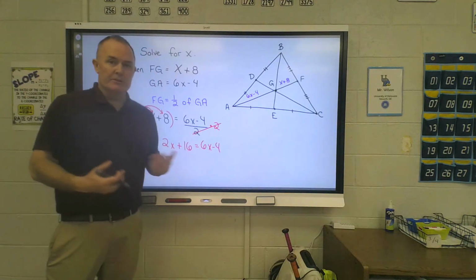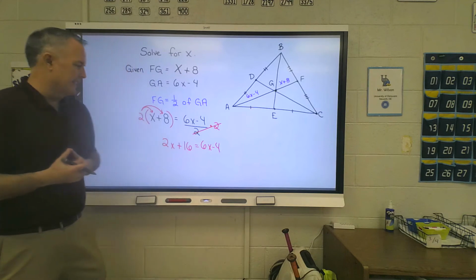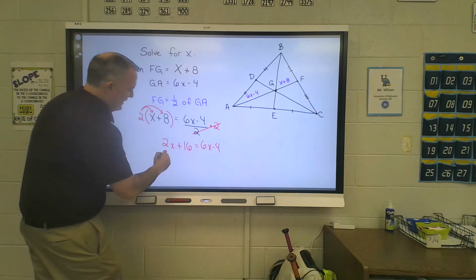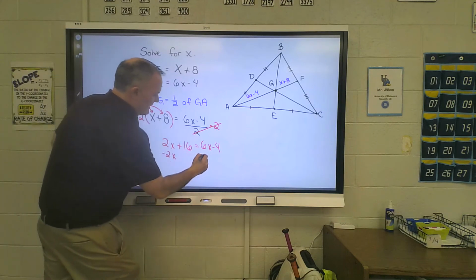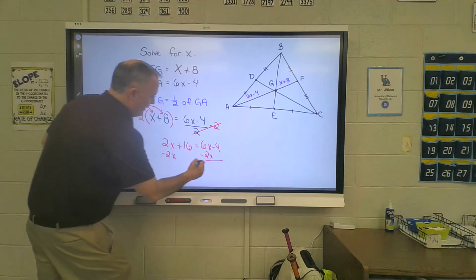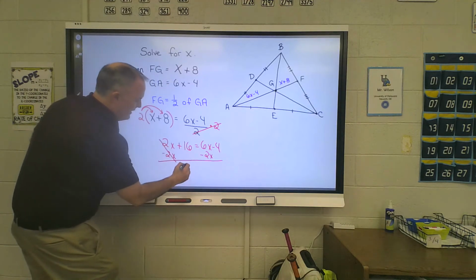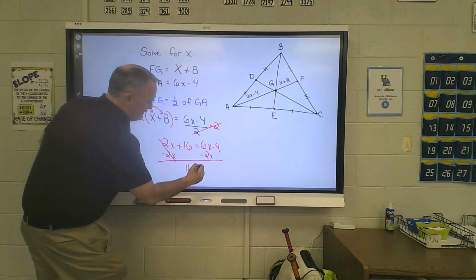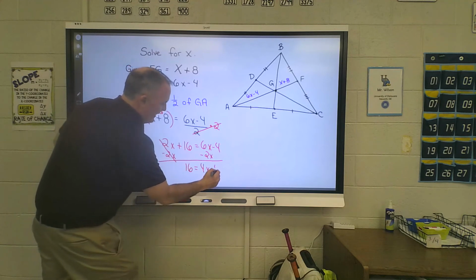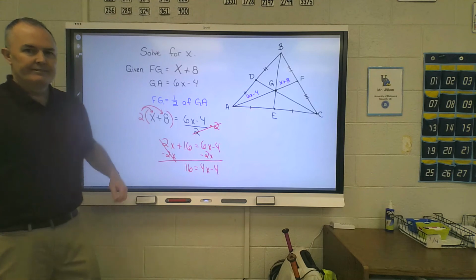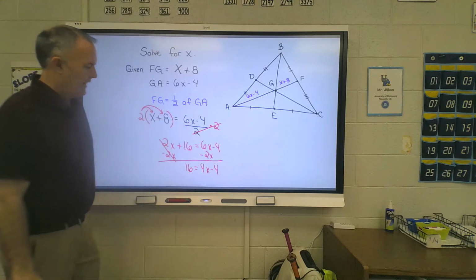Now I just have to move my variables to one side and my constants to the other. So I'm going to subtract 2x from both sides because I always like to have a positive variable whenever possible. 16 equals 4x minus 4. Now we're going to add 4 to both sides.